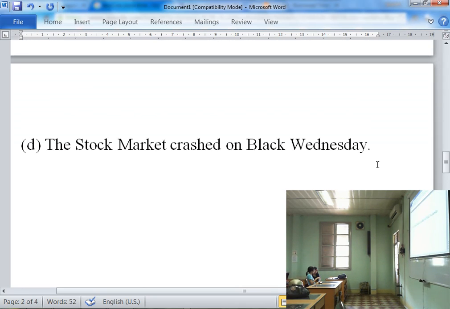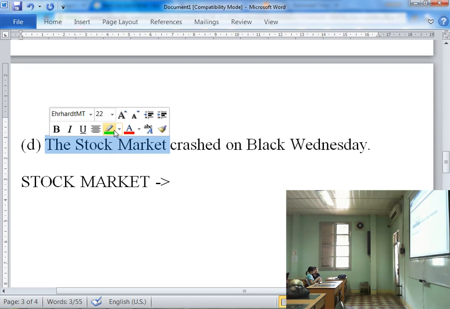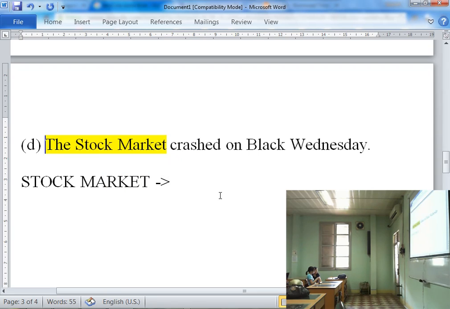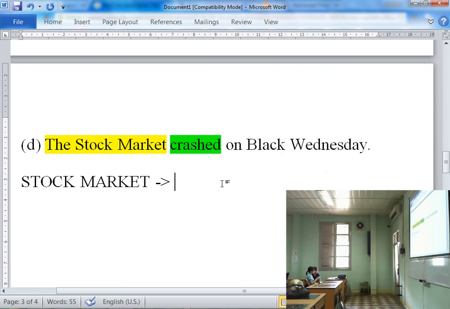The stock market crashed on Black Wednesday. Okay, so I have stock market. What is it related to in this case? Stock markets, this is the target.